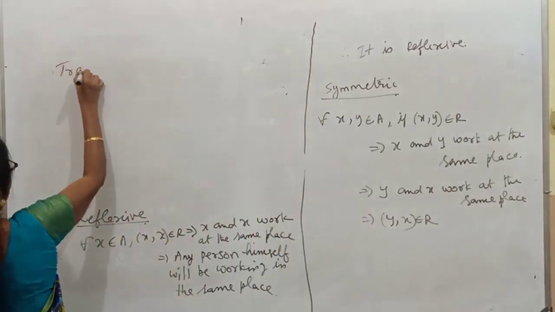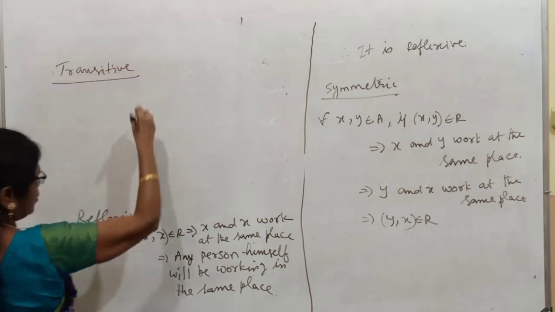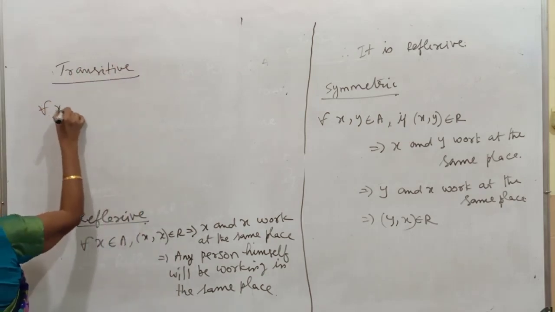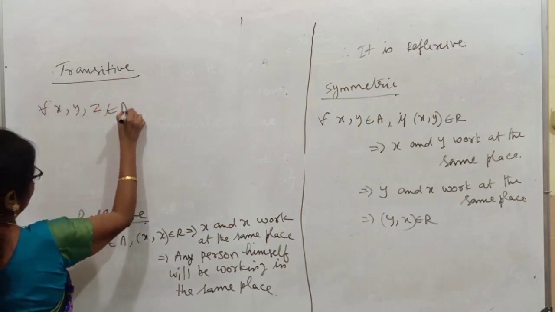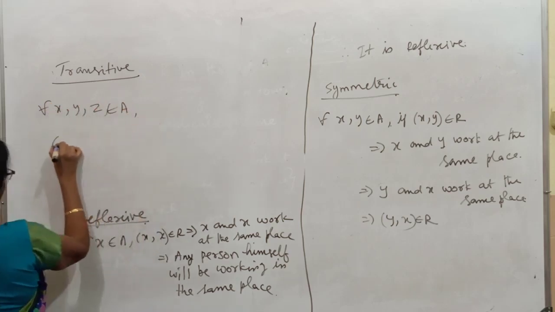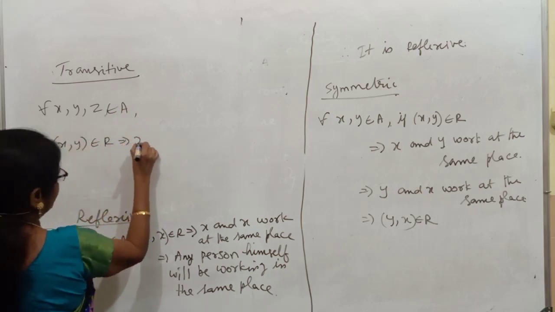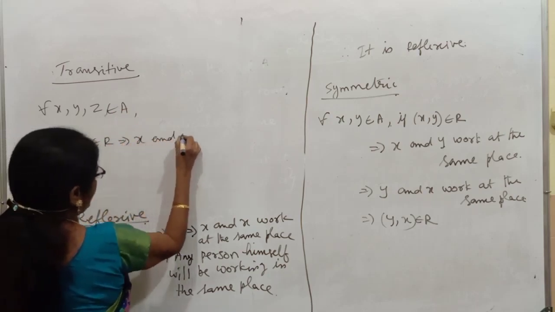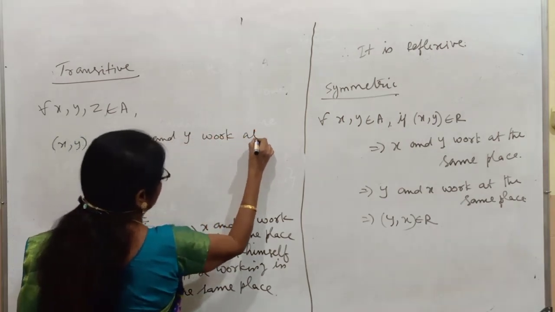Next we are going for transitivity. For all x, y, z belongs to the set A, (x, y) belongs to R implies x and y work at the same place.